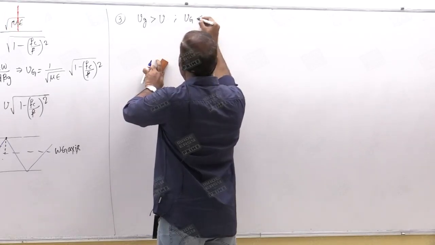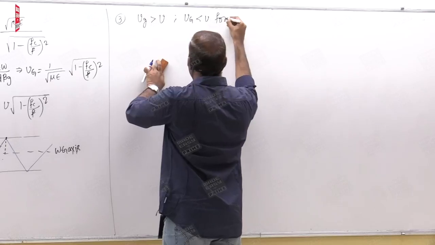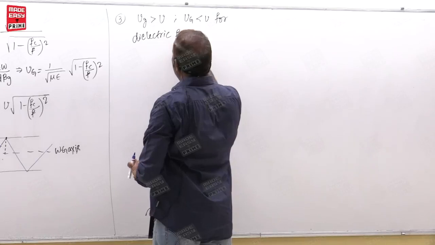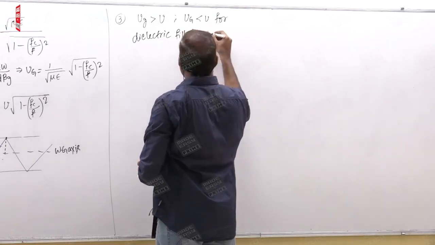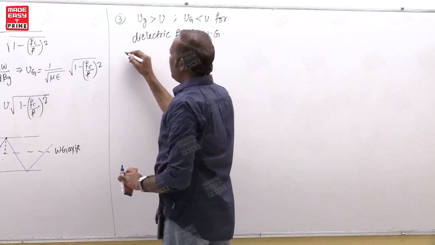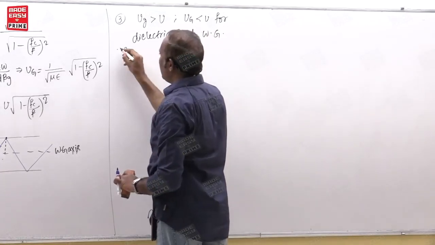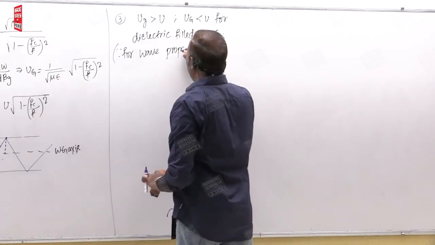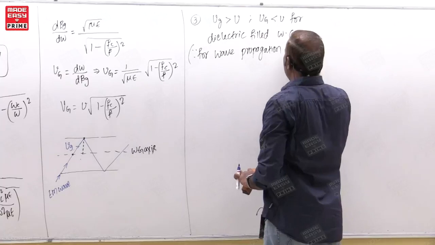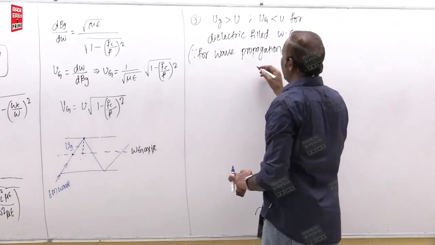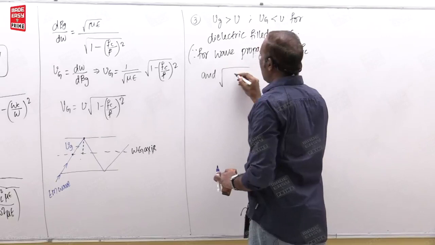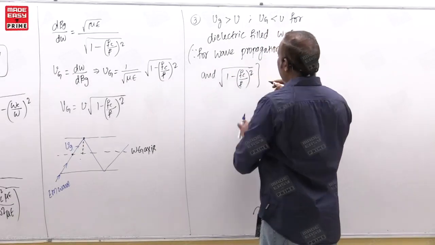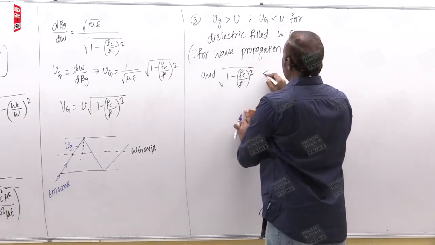V group velocity is less than v for dielectric filled waveguide, because for wave propagation, f should be greater than fc, and root of 1 minus (fc by f) whole square, this factor is always less than 1.